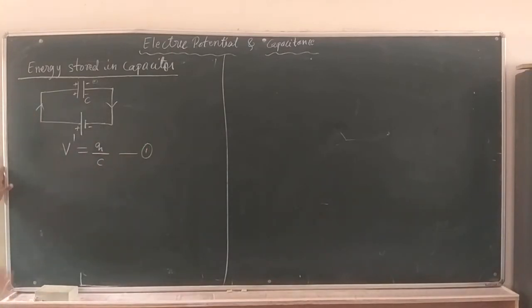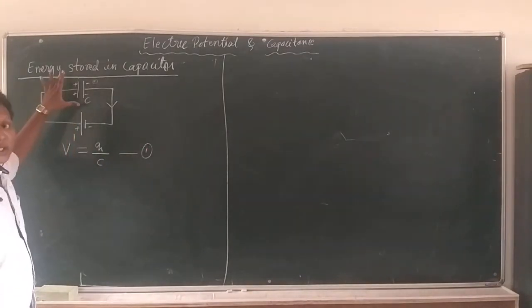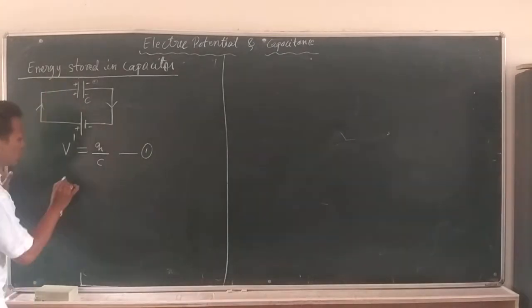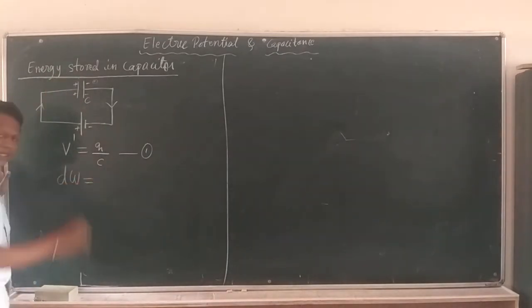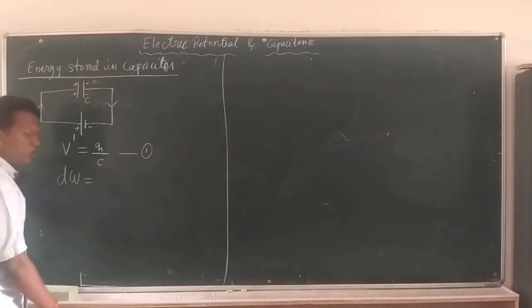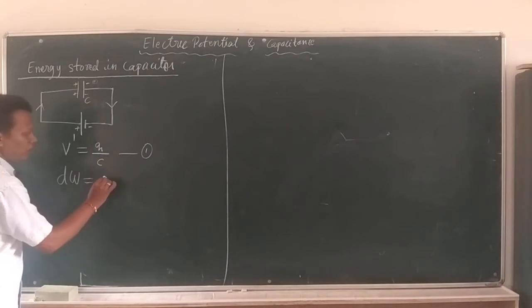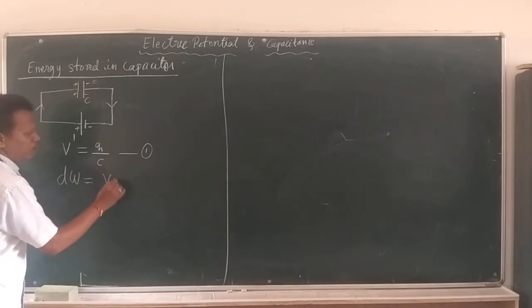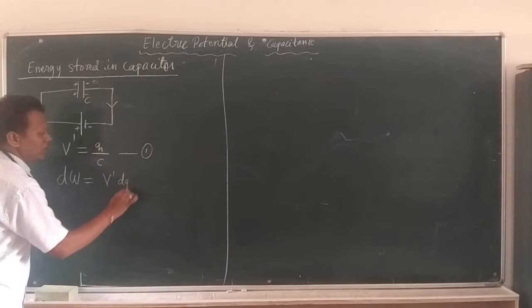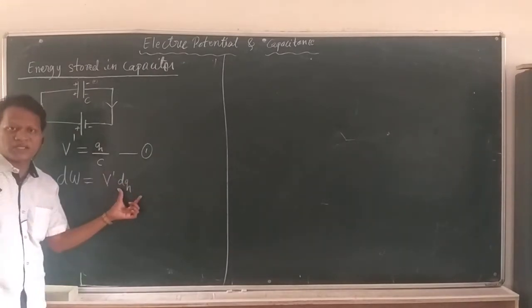Now, what did I say? I just said that we need to work on it, right? So what is that amount of work? I will take first of all the small work. dW is equal to, what am I supposed to do here? I am supposed to do V dash into dq. Just recall the definition.